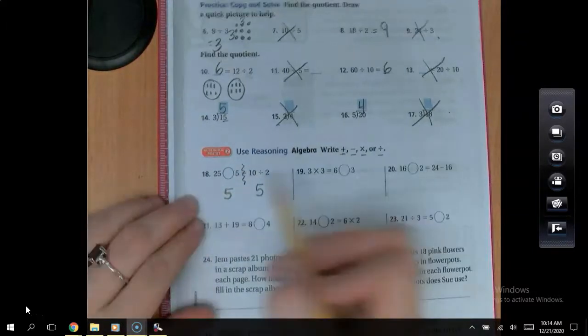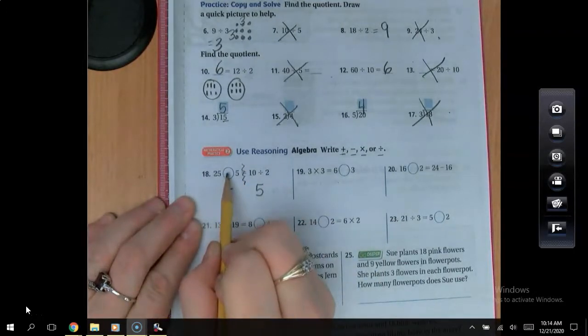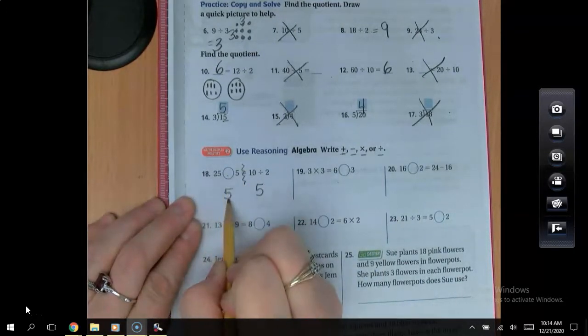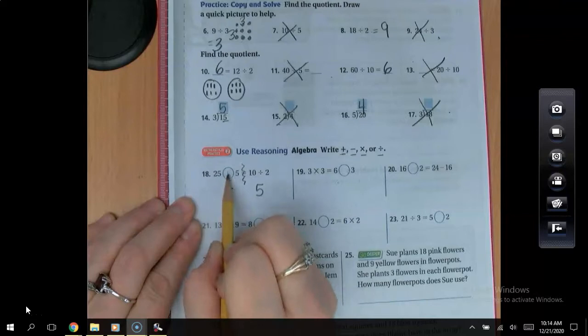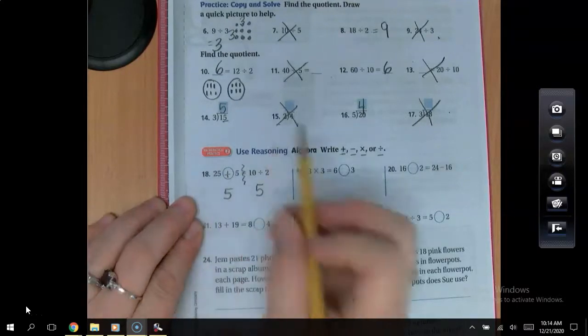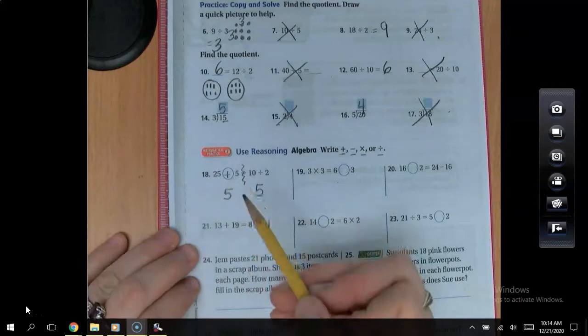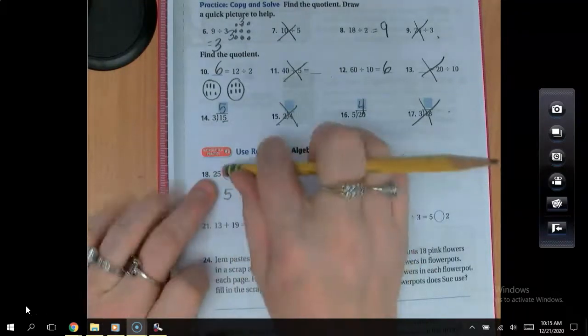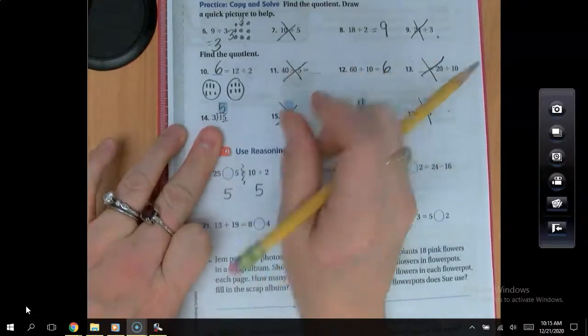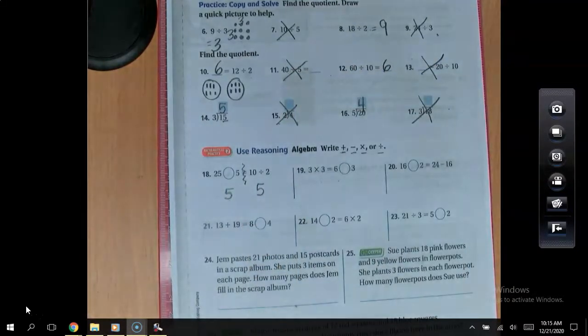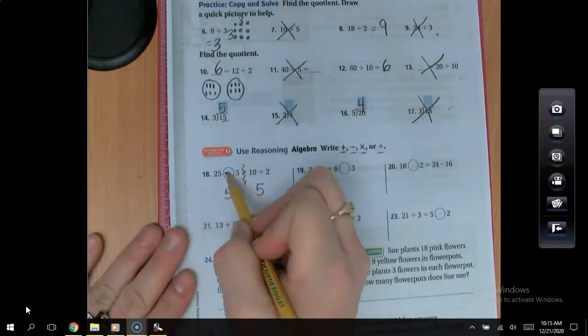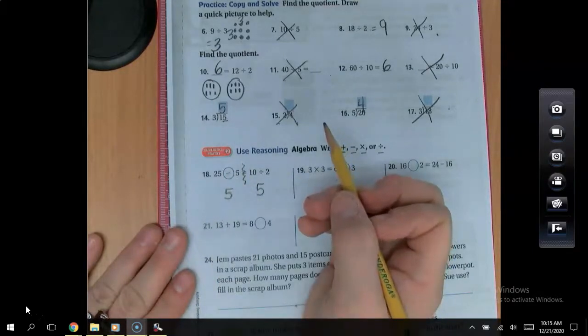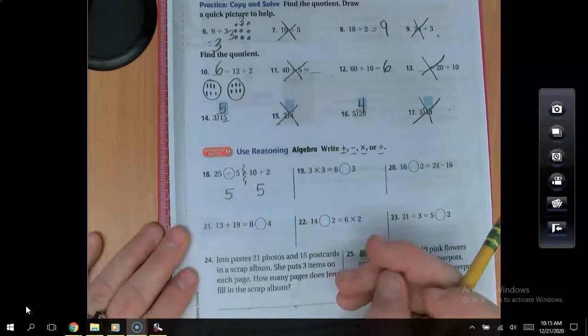So, what operation could I put in this circle to get 5? Well, let's think about it. If I put a plus sign, 25 plus 5. Does that equal 5, boys and girls? It does not. A plus sign is not correct. All right, let's try a subtraction. 25 minus 5. Well, 25 minus 5 is 20.